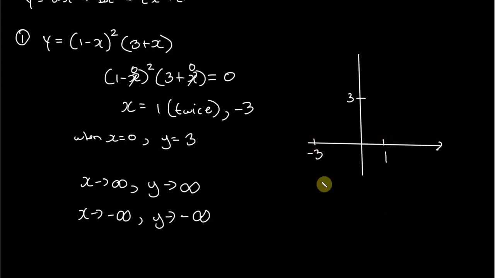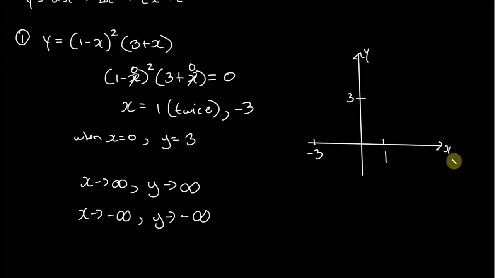Now, I suppose this is a point of revision as well, is that we have x equals 1 twice. What that means is that the curve is actually going to be at a tangent. It's not going to cross the x-axis at 1 like this. Instead, it's going to be at a tangent, and I'll show you what that means in a second.